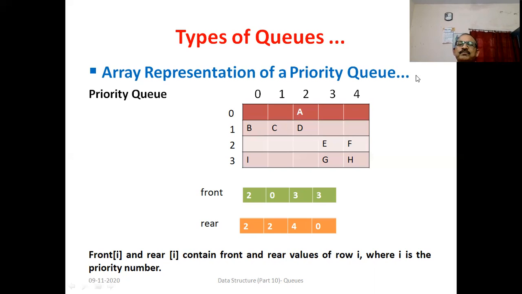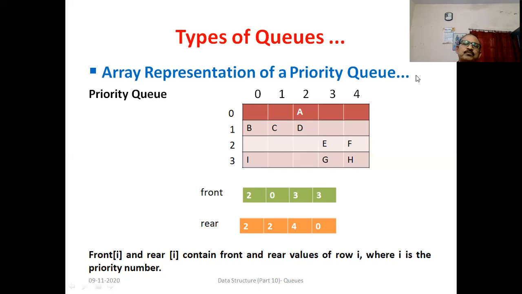So for 4 priority numbers, we use 4 priority queues and two one-dimensional arrays to store the values of front and rear pointers.